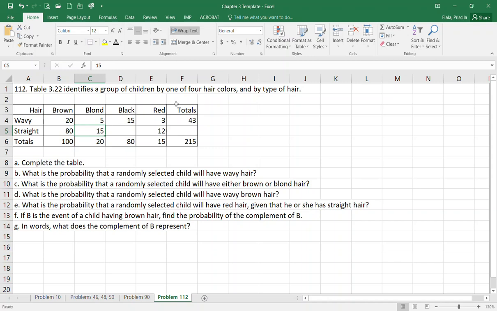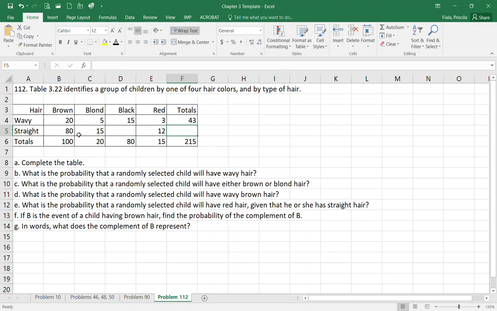There we go, which should sum up to all of this: 20 plus 5 is 25, plus 15 is 40, plus 3 is 43. We can also confirm that the outer sum of these values should be 43. Perfect.